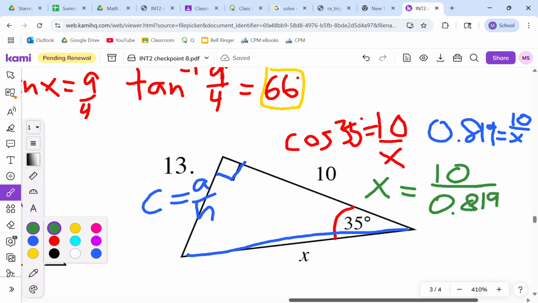And it says it's about 12.2. And that's what I'm going to go with. This is about 12.2. And that's how you do that.